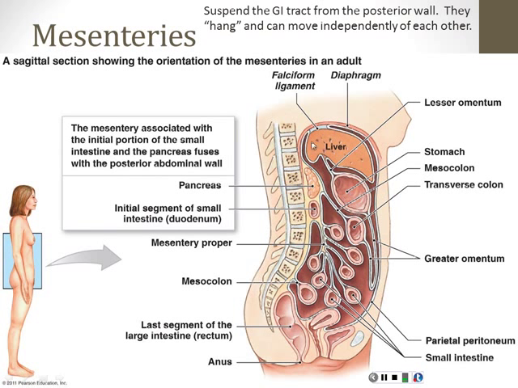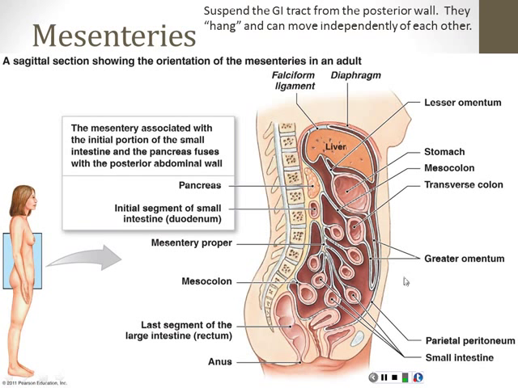So like the stomach hangs down from the liver. The transverse colon or the large intestine, it hangs here from the back wall. And then the small intestine hangs here by sort of multiple hooks. So the mesenteries are these folds of tissue here that suspend the GI tract in the abdomen.